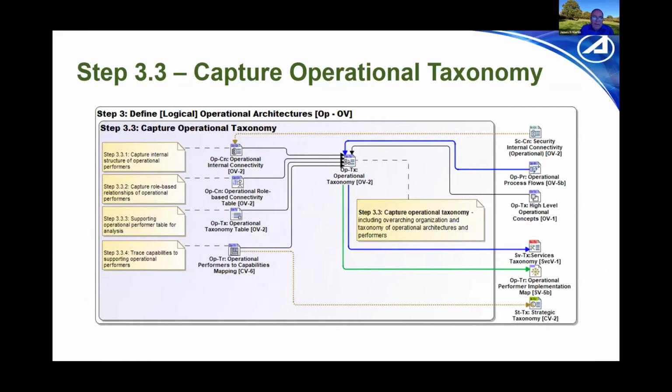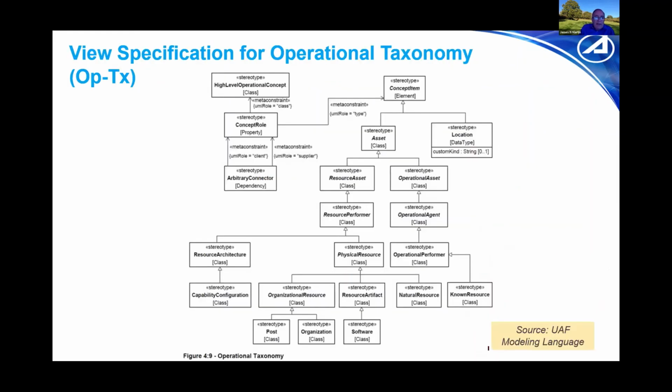Step 3 is defining the operational performers, and we call this the operational taxonomy. Your OV2 is your basic view that identifies what your performers are and how they relate to each other. Here's the view specification for the taxonomy. At the highest level, you have an abstract thing called a concept item, different kinds of assets, or it could be a location.